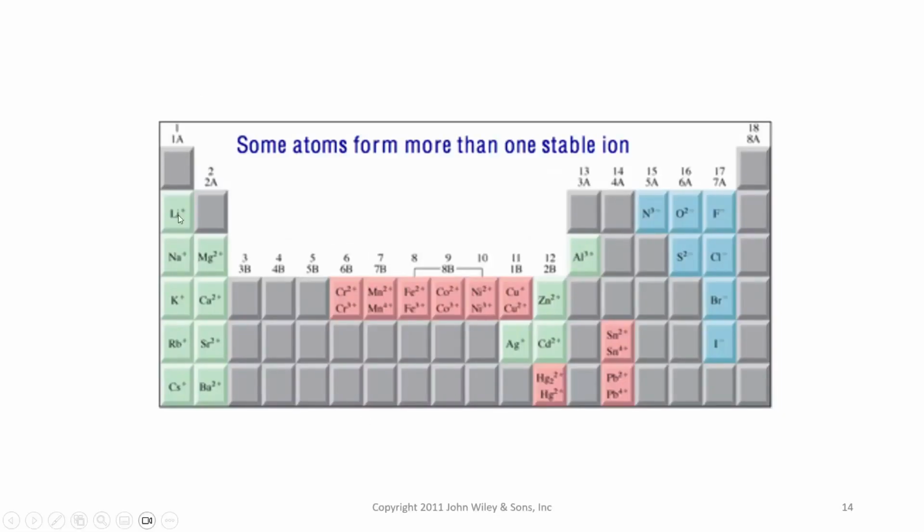Again, here's a reminder of the ones that can form more than one stable ion. This is a good reference chart to review on your chemistry aid sheet. You can also highlight these and make a note that these are able to form more than one stable ion.